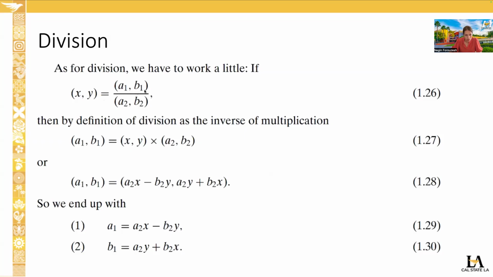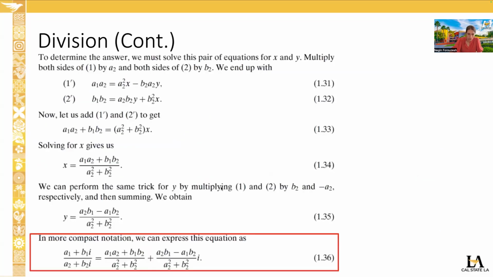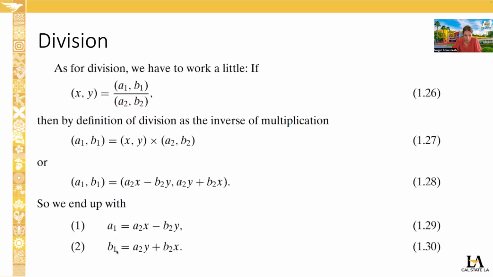So what you can do is to say that A1, B1 is basically the multiplication of X, Y times A2, B2. We know how to multiply these two numbers based off of what I just showed you, right? And if you do the math, A1 will be the first component, and then B1 will be the second component, okay? So then what it means is that you can calculate A1, A2, and then B1, B2, right? You currently have A1 and B1 in here.